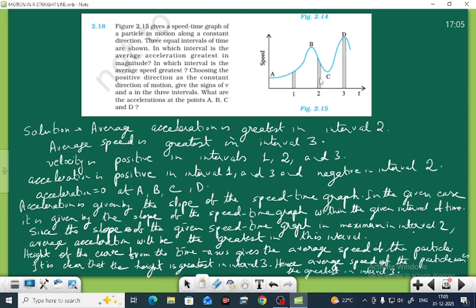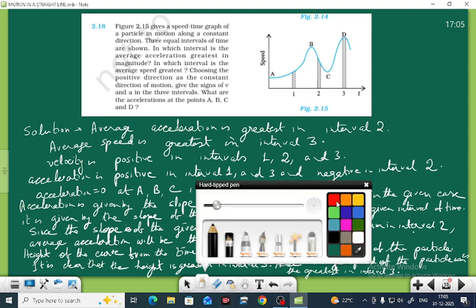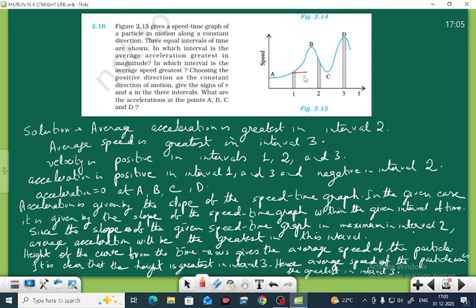If you find the slope, you will find this slope here. This is the slope at A, right?